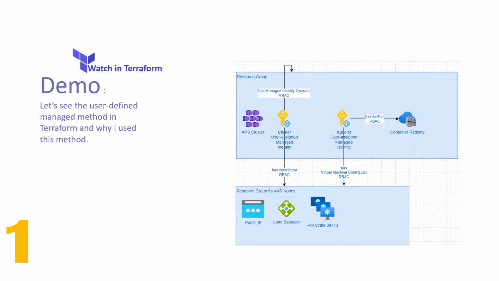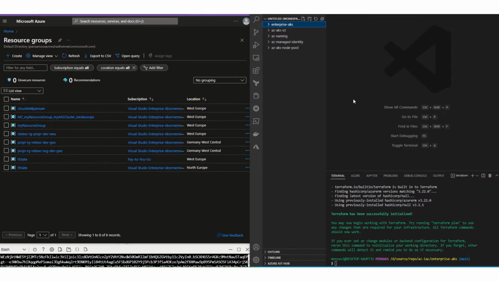I explained the whole scenario for the demo, and let's go for the demo. On the right side is Visual Studio Code, on the left side is the Azure portal. I didn't provision my AKS cluster for the demo, to show you how easy it is to provision. I have the enterprise AKS implementation.